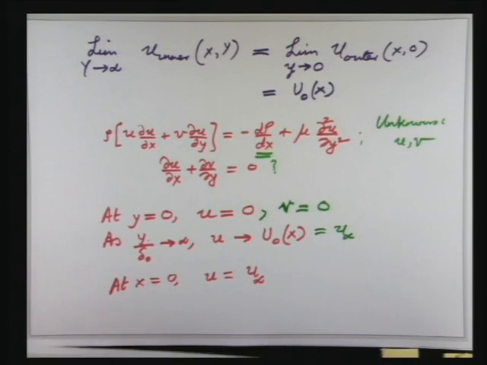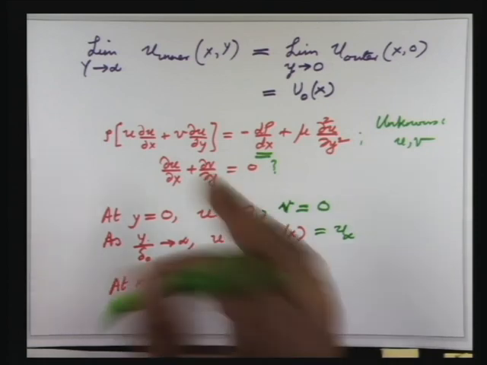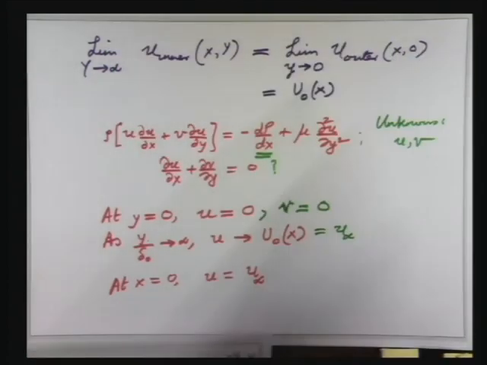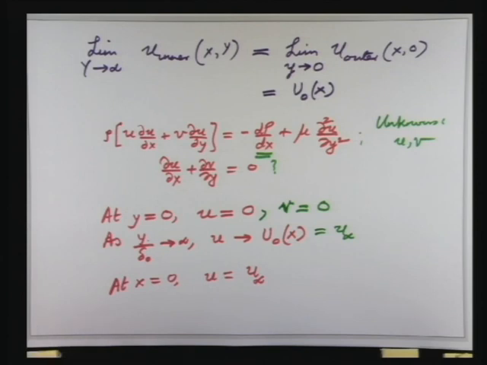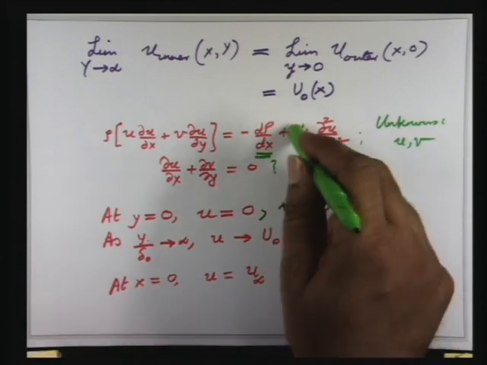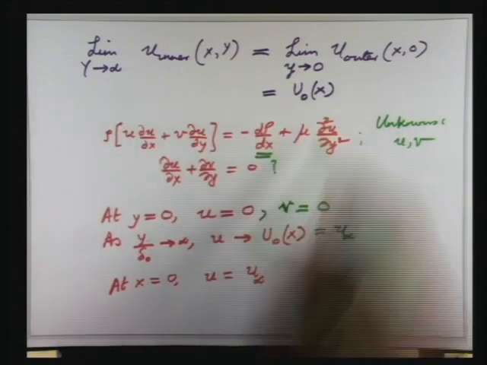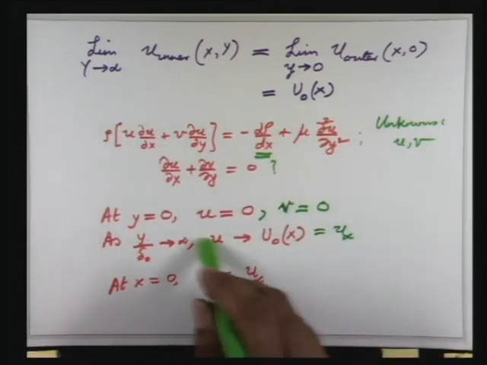Now what we'll do is, the easiest way to do it, one way is you can match the pressure the same way as you match the x component of velocity, but I'll show you an easier way. You just look at this equation and take the limit of each term as y goes to infinity and use this boundary condition.